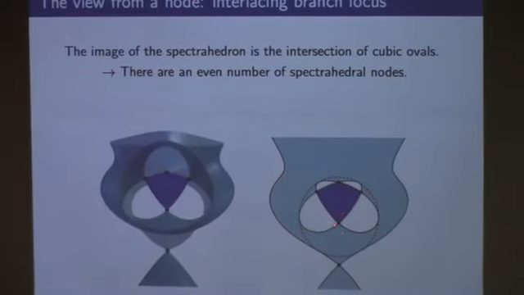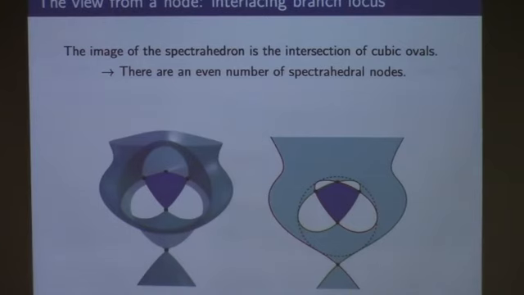And this at least helps explain this even number phenomenon. The spectrahedral nodes get projected to intersections of these cubics on the intersection of the spectrahedron, and these are intersections of 2 ovals. And so in particular, ovals have to intersect an even number of times.